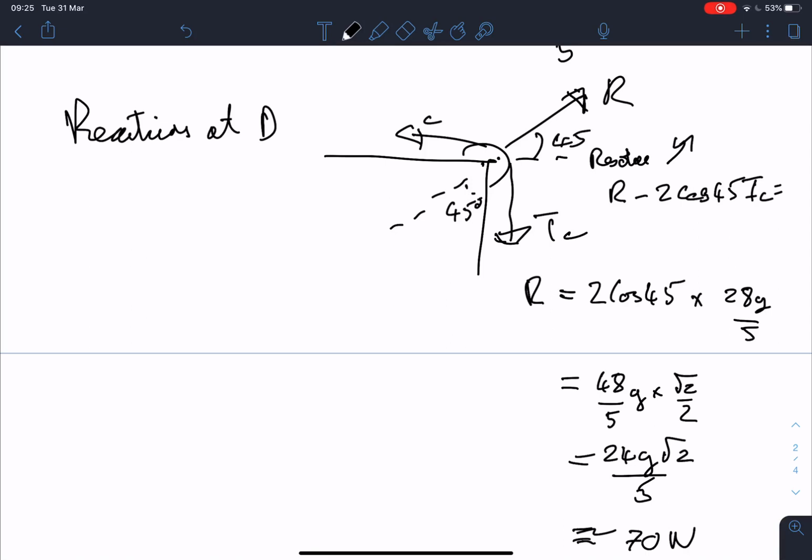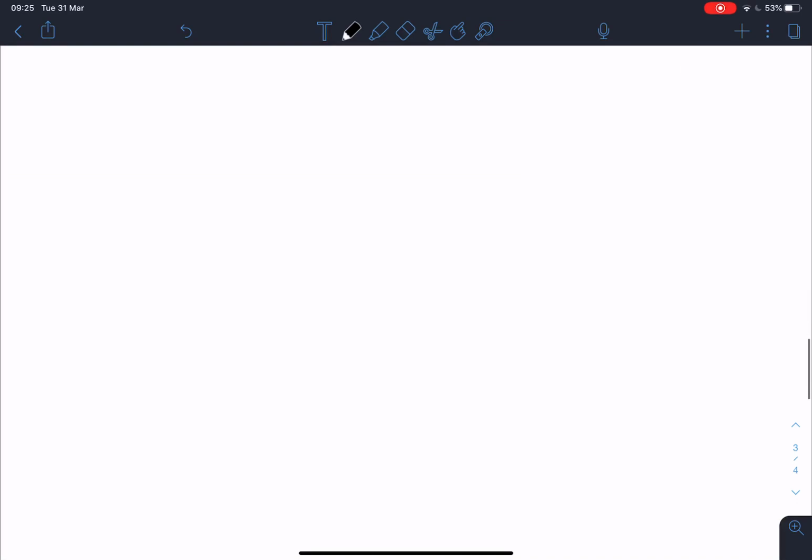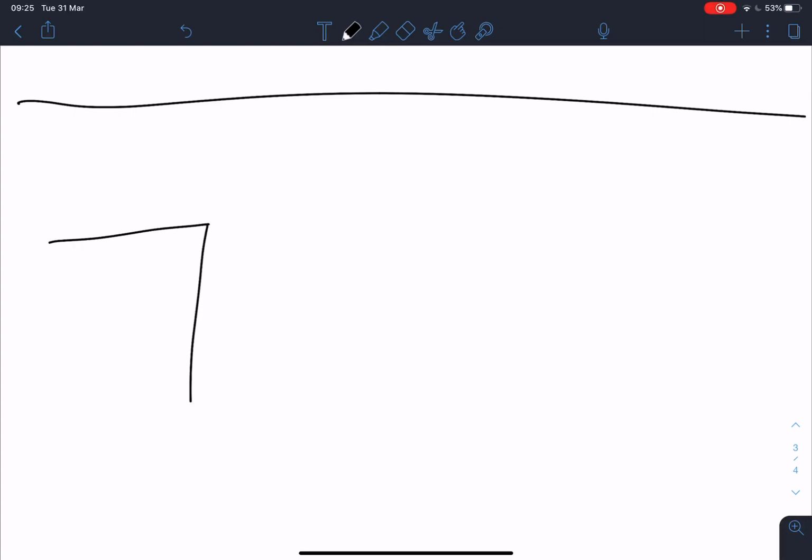So R is equal to 2 cos of 45 times TC, which is 28G over 5. So we've got 48 over 5G times cos of 45, which is root 2 over 2.